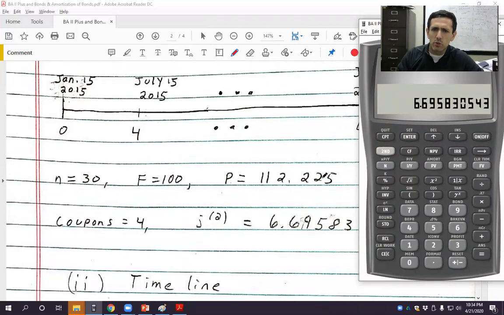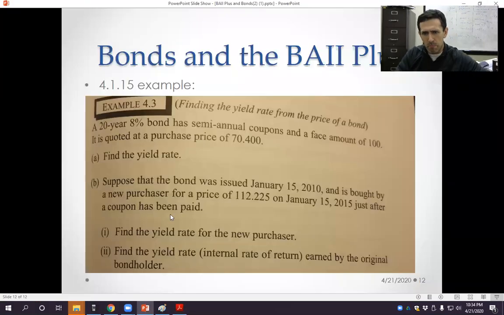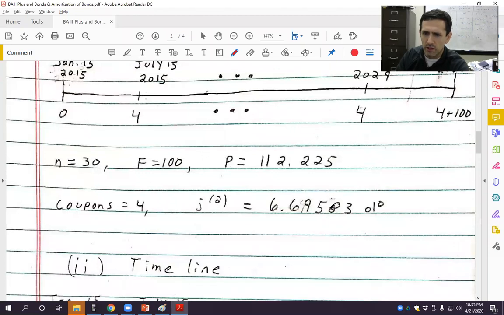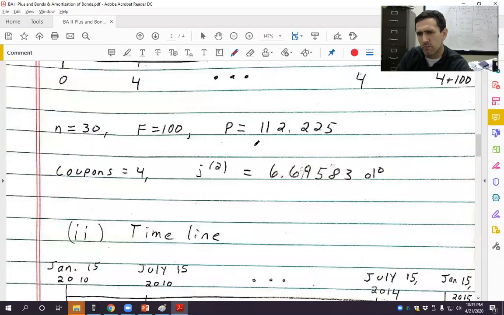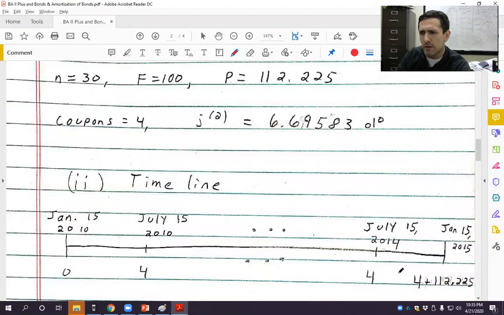Okay, so let's do 2, and this is a little more interesting, I think. So let's find the yield rate for the original bondholder. So now, from the original bondholder's perspective, we're dealing with 5 years, 2010 to 2015. This person paid $70.40 for the bond. This is their timeline. And now this is exactly like a bond with coupons $4 and redemption $112.225.